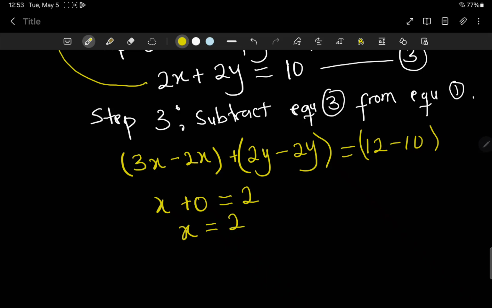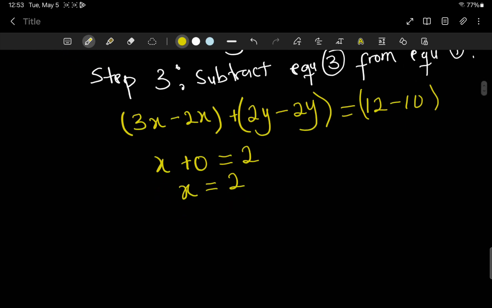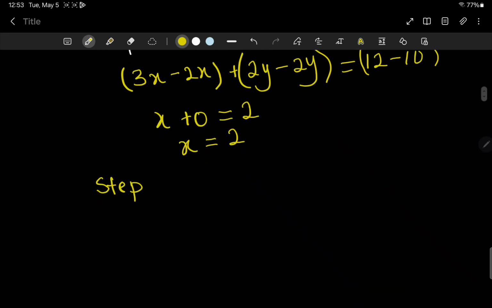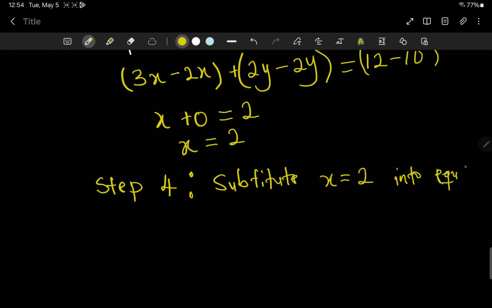Okay, now that we know the value of x, we can substitute it to get the value of y. So here we will say step 4. Okay, for step 4 we'll substitute x is equal to 2 into equation 2.